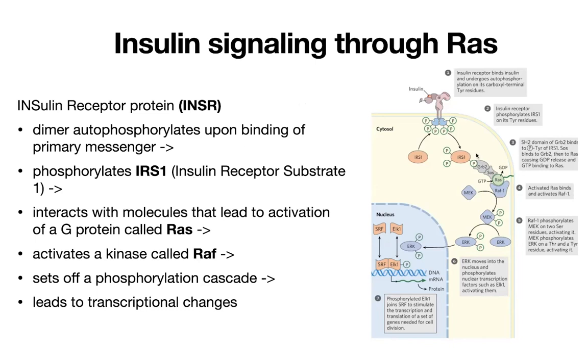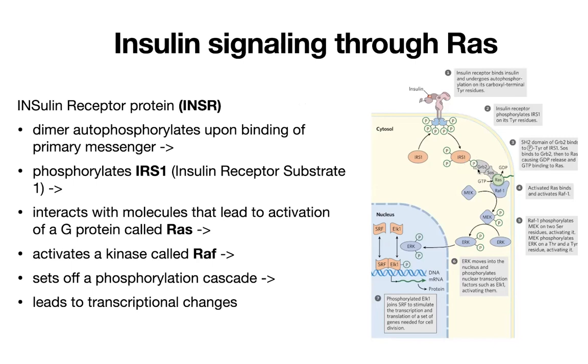And it's kind of just this hub. It has these sites that get phosphorylated by the insulin receptor, but only, remember, if the insulin receptor is activated. So if the insulin receptor binds to insulin, it activates itself, which is then going to go and phosphorylate IRS1. Once IRS1 is phosphorylated, well, now it's going to have a binding site for a protein called GRB2.